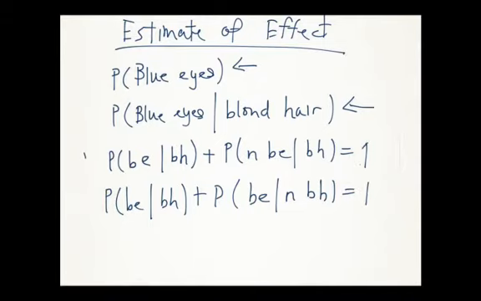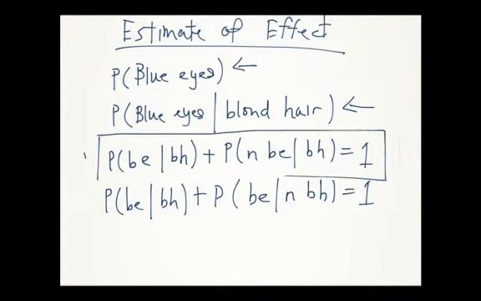So which one of these actually adds up to 1? So the answer to this question, hopefully you're guessing as we go along, is this first one. This one adds up to 1, okay? Whereas this one does not, big X.